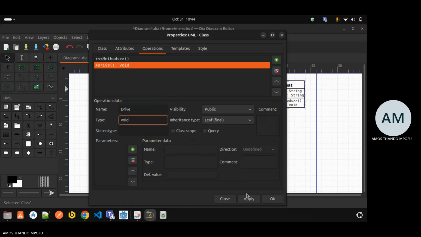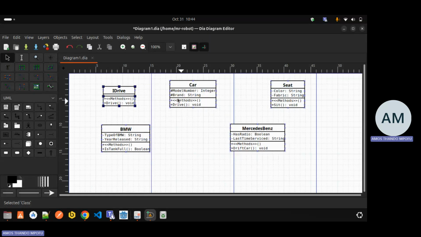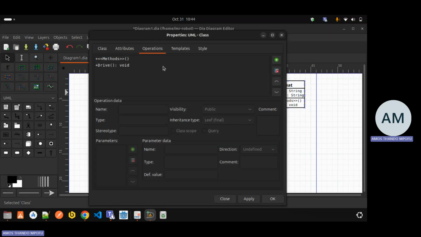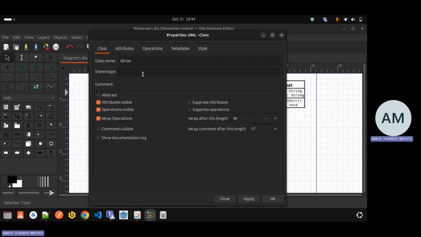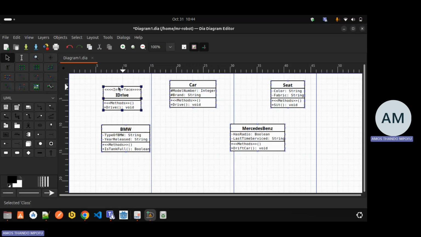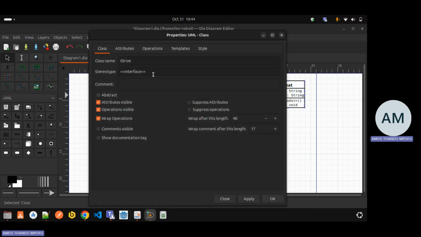That's as simple as it can be. That's what I'm going to do. Even though it is an interface, we can see that, but under stereotype, I can just say interface, because it starts with an I, they can see. But sometimes it's always good to put a stereotype.